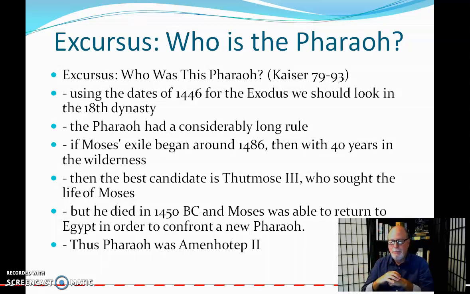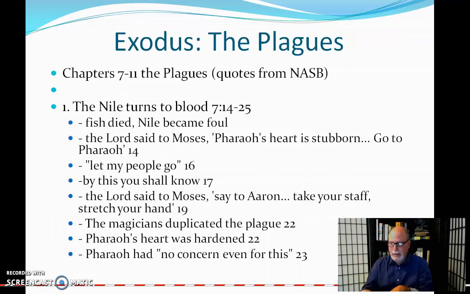The best candidate for that earlier Pharaoh was going to be Thutmose III as the one who sought the life of Moses. But he died in 1450, allowing then Moses to return to Egypt. His successor was Amenhotep II, and I believe that there is a great deal of validity in accepting Amenhotep II as the Pharaoh of the Exodus and the one whose heart was hardened.